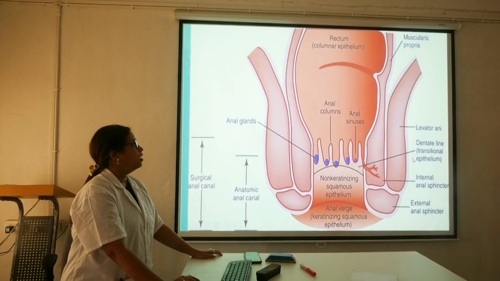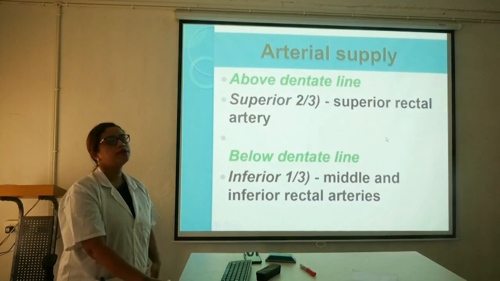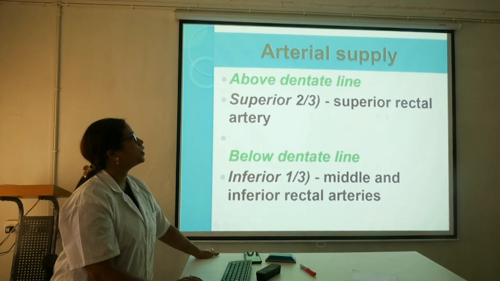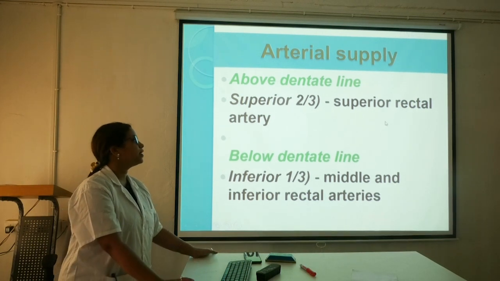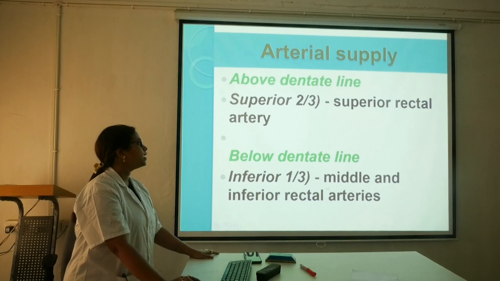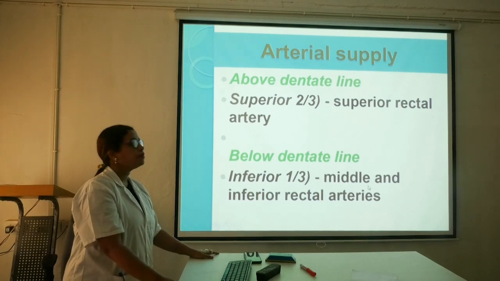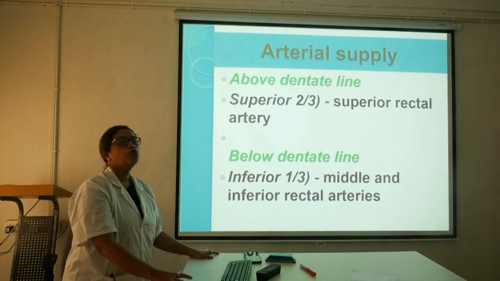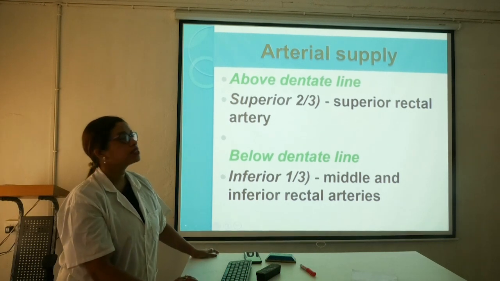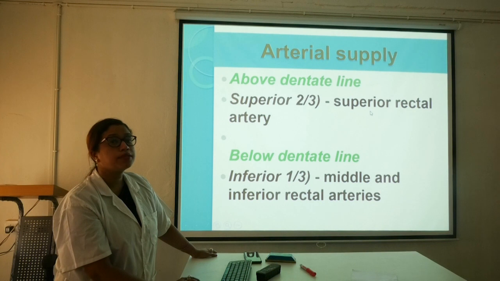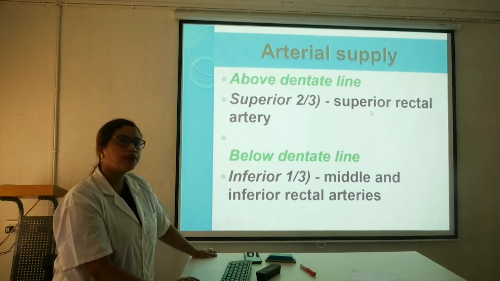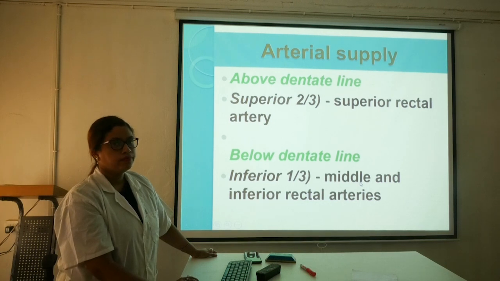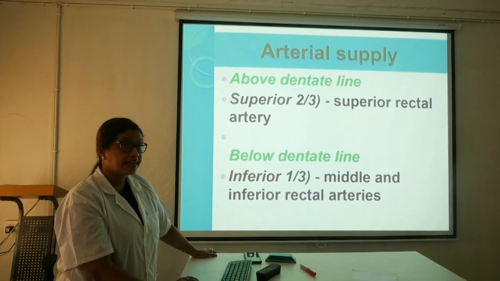Okay, now coming to the arterial supply. Above the dentate line it is by the superior rectal artery, below it by the middle and the inferior rectal arteries. Now who will tell me the branches? Superior rectal is a branch of inferior mesenteric. Middle rectal is a branch of internal iliac.